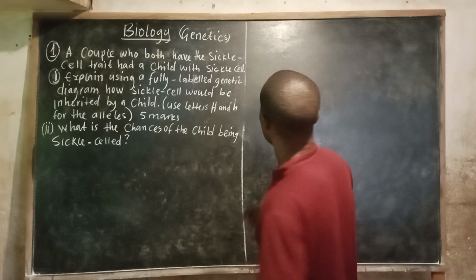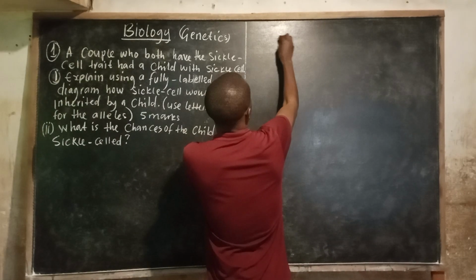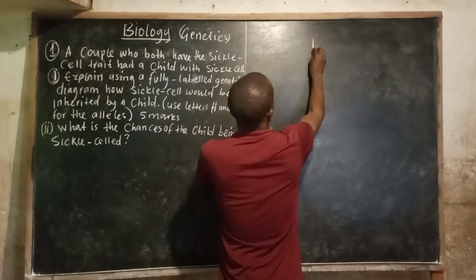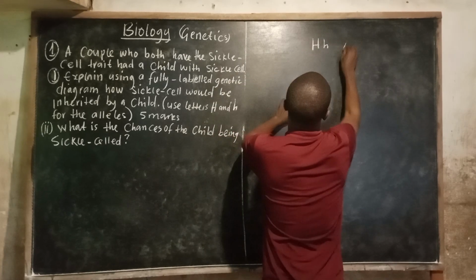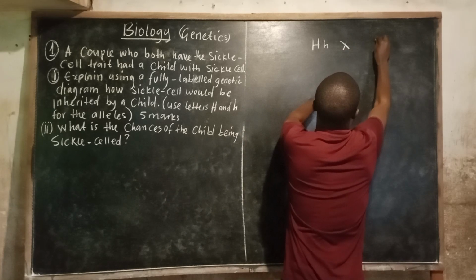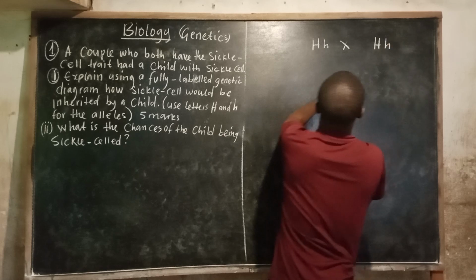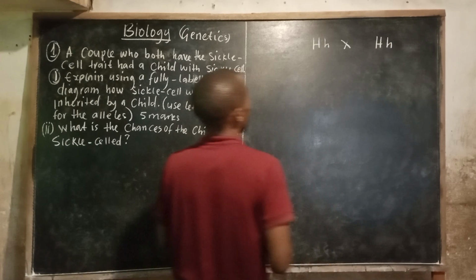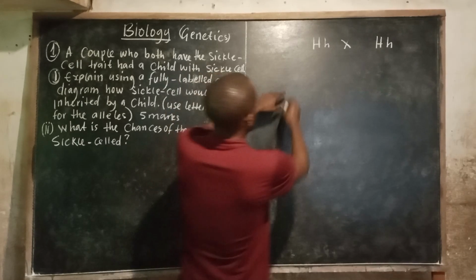So we are going to say the first parent has got Hh, then times, then we have this second parent, also Hh. Now these are crossing. Now let us talk about the gametes.